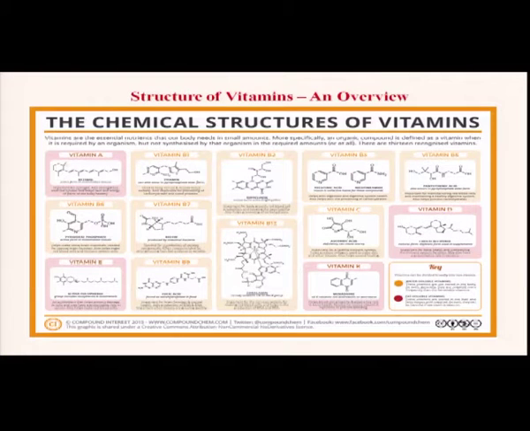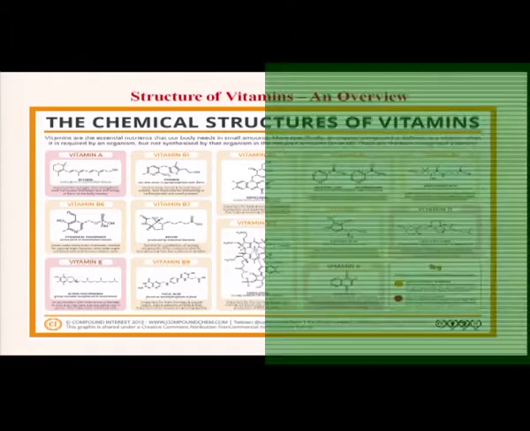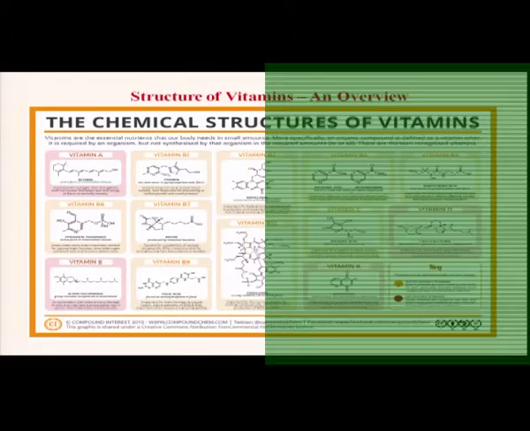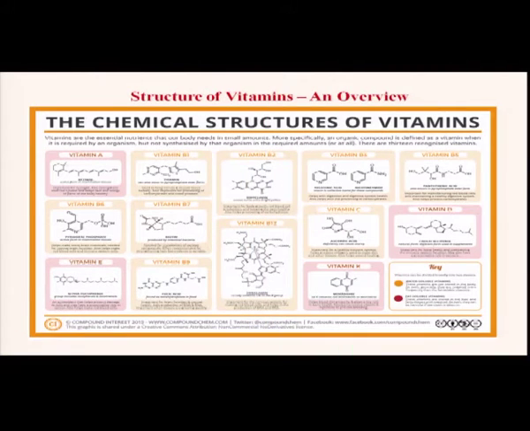Now today we are going to look into the overall structural features of these vitamins, and we are going to further go into the details of how this physical chemical property of vitamins would play a role in their process of absorption, distribution, metabolism and utilization. So today we are going to look into certain fine concepts of vitamins.